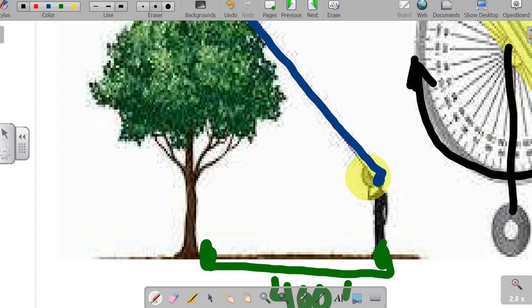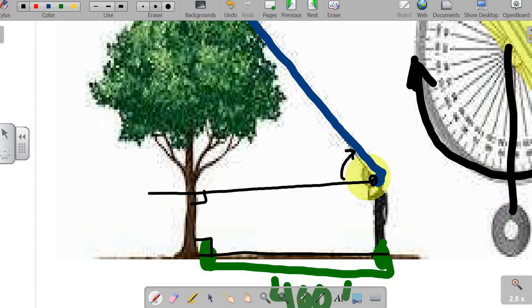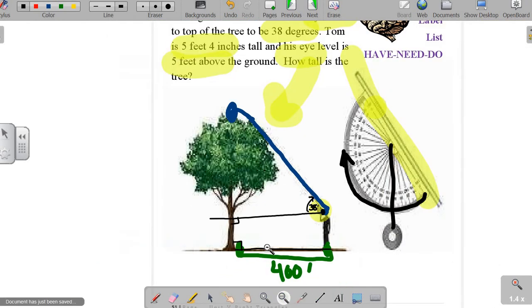Watch carefully. In order to make this an angle of elevation, we have to draw a horizontal line, which parallels this bottom line. The angle of elevation does not start from the ground, it starts from the eye level where the clinometer is, 38 degrees.